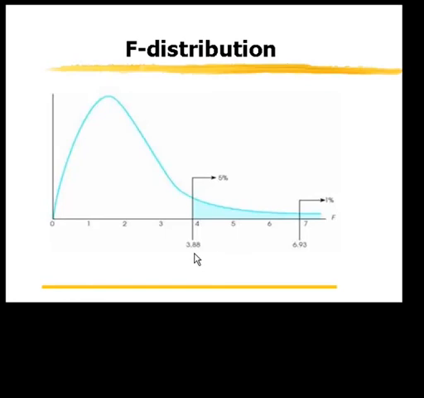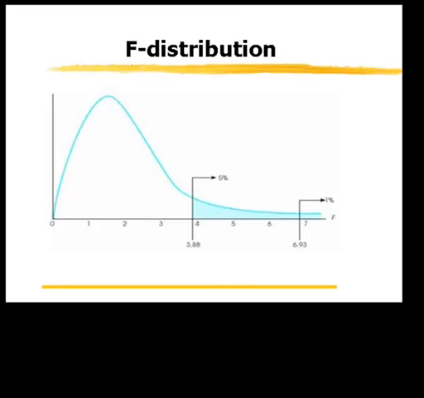And with the F distribution, a 5% alpha error in this instance, then the critical value is around 3.88, if you were looking at a situation where you have an infinite degrees of freedom. So just as with the t distribution, the 5% critical value is much larger when you have fewer degrees of freedom.